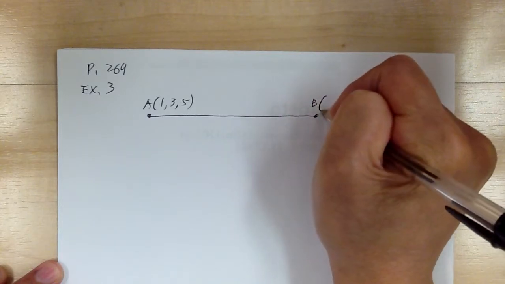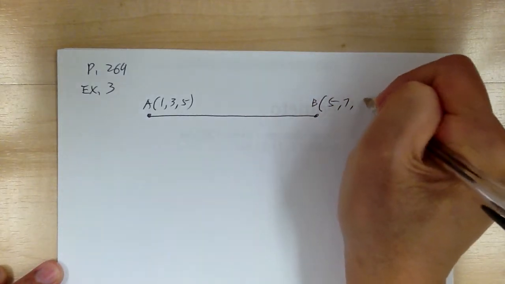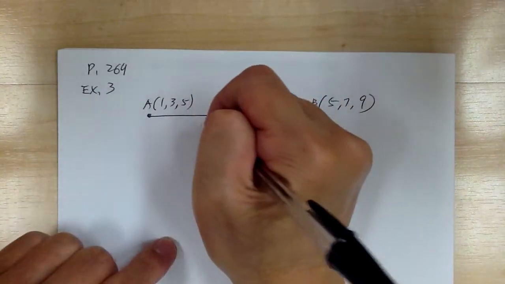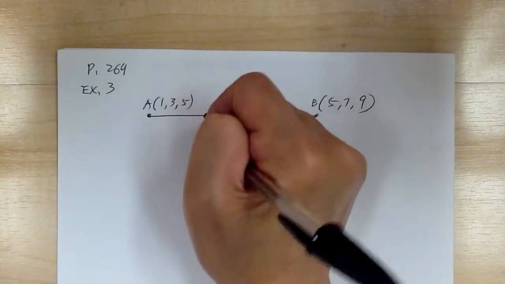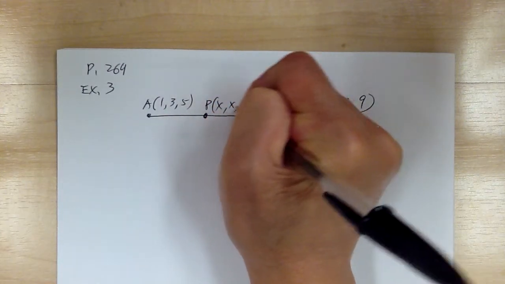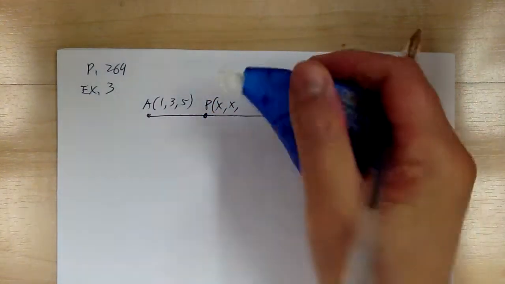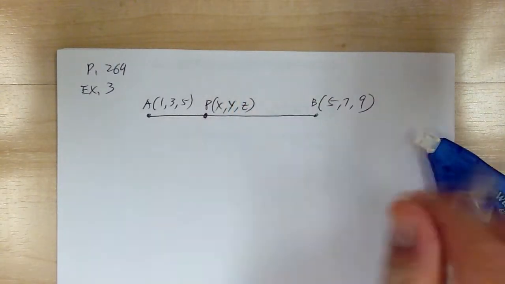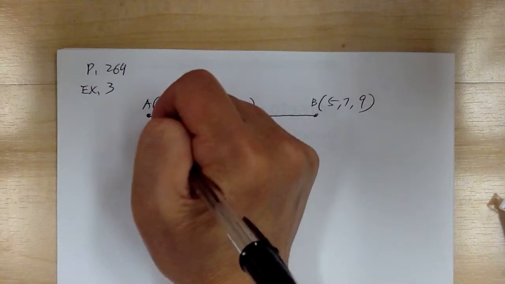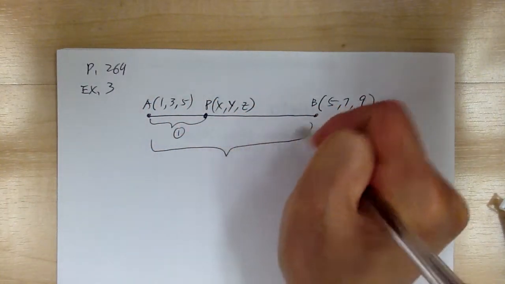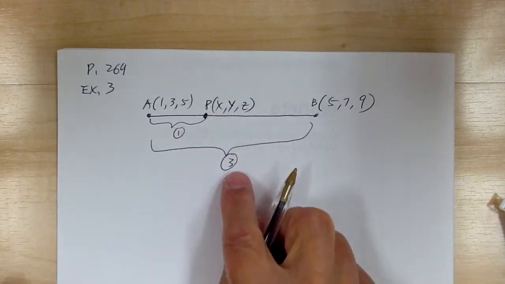Point B is 5, 7, 9. And you're looking for point P that is 1/3 of the way. Okay, so here's point P, and you're looking for x, y, and z. So this is 1/3, so that means this is 1, and this is 3, right? 1/3 of the way.